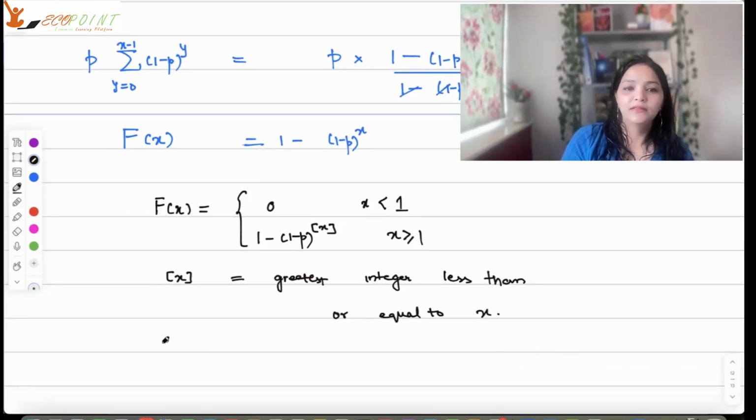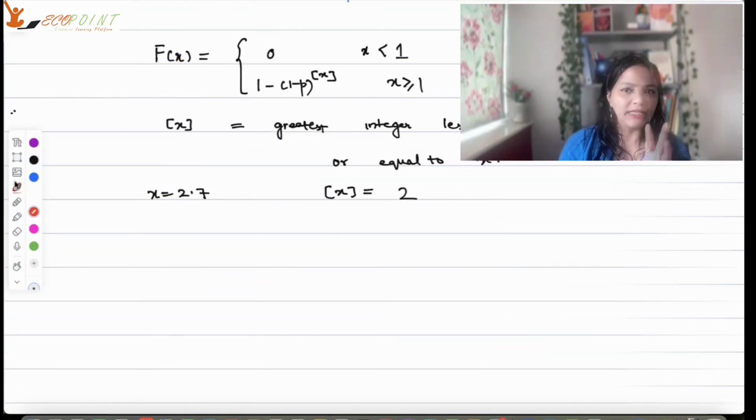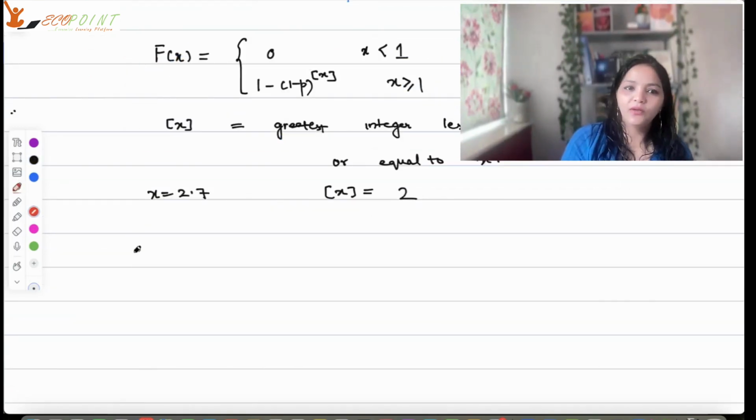So suppose x is 2.7. The greatest integer x will be 2. And hence the CDF will be 1 minus p to the power 2.